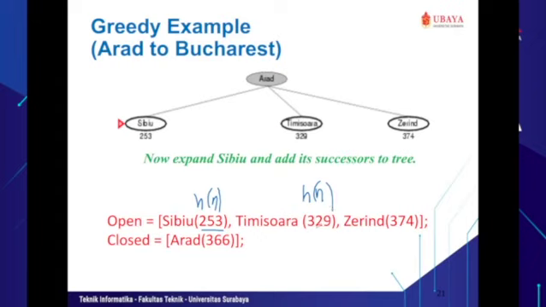So remember, this shows the heuristic value, not the distance between Arad and Timisoara, Arad and Zerind, and Arad and Sibiu. We have moved Arad to our closed list. We expand all the child nodes here. We have each child node with its own heuristic value.